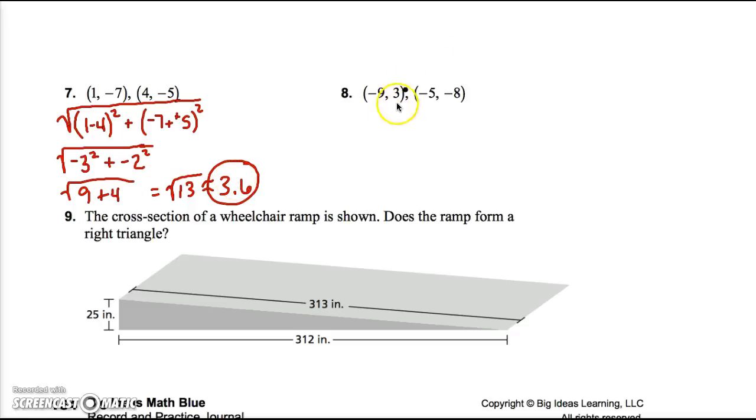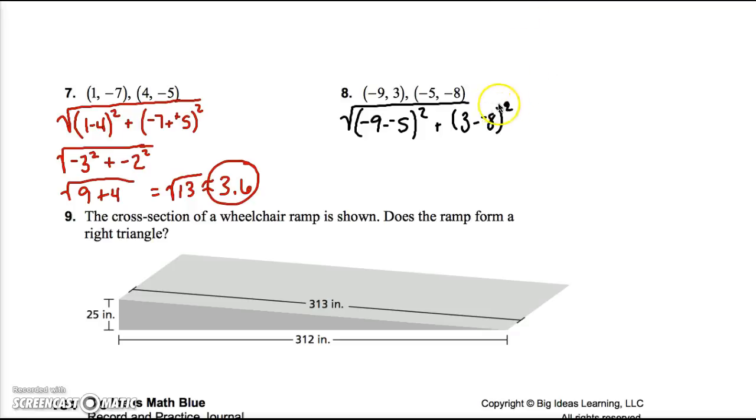Okay, and then finally, number 8. Again, same setup. So we're going to subtract our x's. So we have negative 9 minus a negative 5. We'll square that. Plus 3 minus a negative 8.